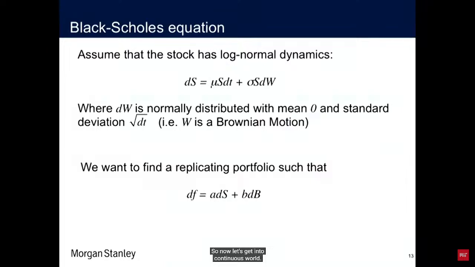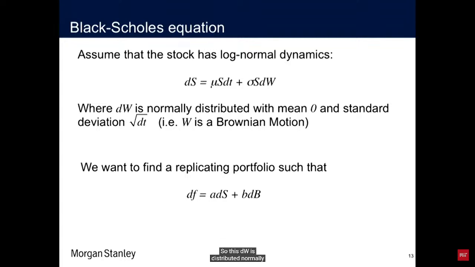Now let's get into the continuous world, right? In the continuous world, we will need some assumptions on the dynamics of our stock underlying, and let's make an assumption that it is log normal. What does it mean that it's log normal? It means that the proportional change of the stock over an infinitely small amount of time dt has some drift mu and some stochastic component, which is just Brownian motion, right?